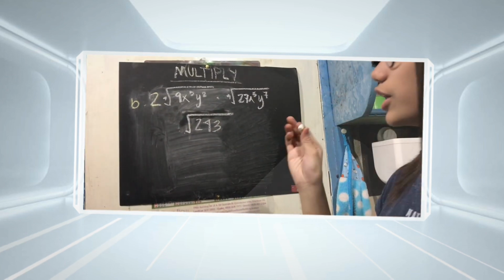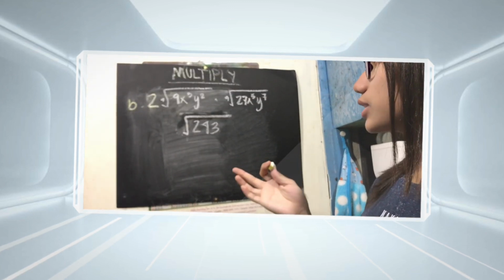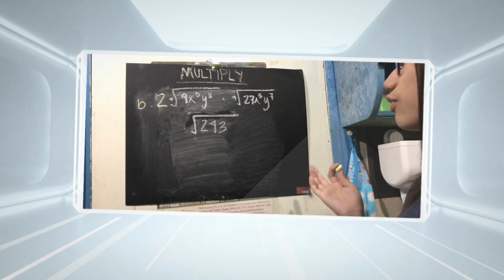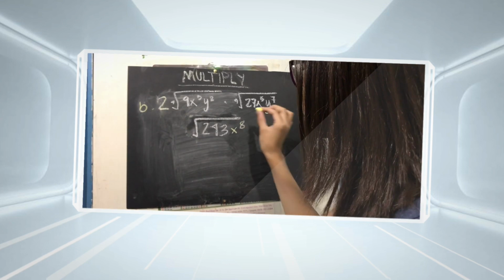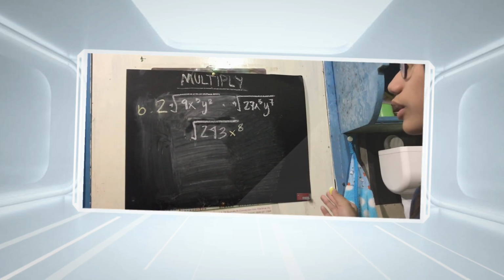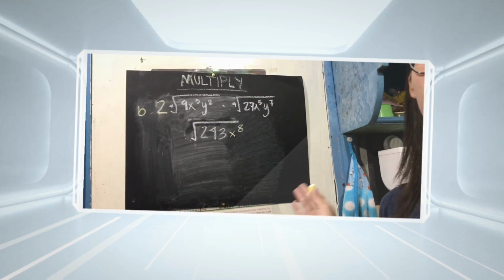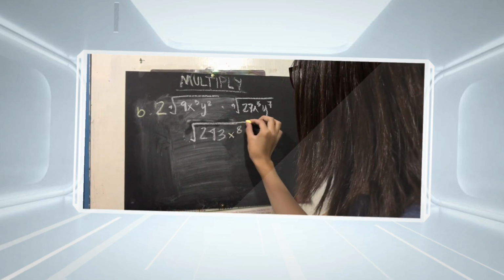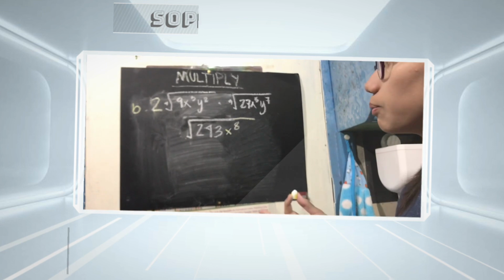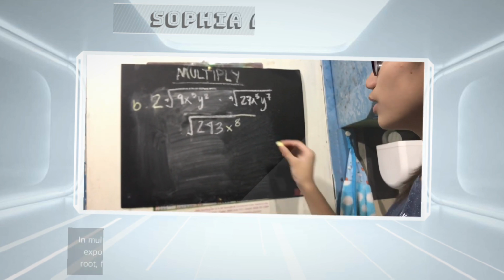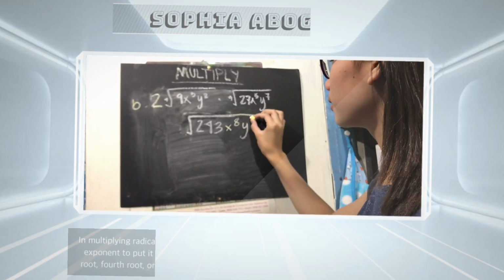Next is the variable x. X cubed times x raised to 5 is equal to x raised to 8. In the variable's exponent, if we multiply, we need to add the exponents. Next is y squared times y raised to 7. If we multiply y squared times y raised to 7, we will get y raised to 9.